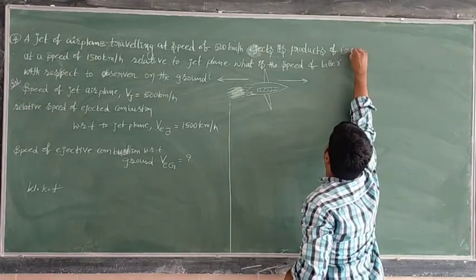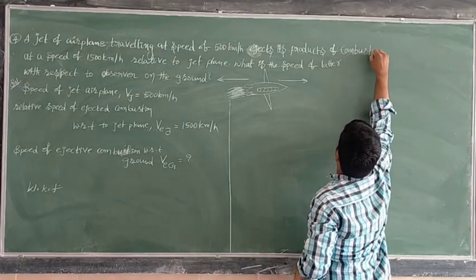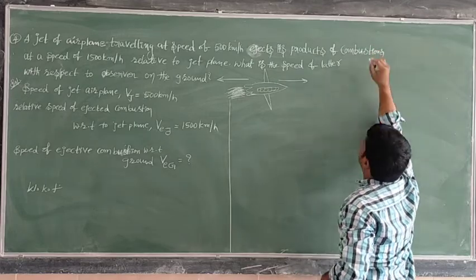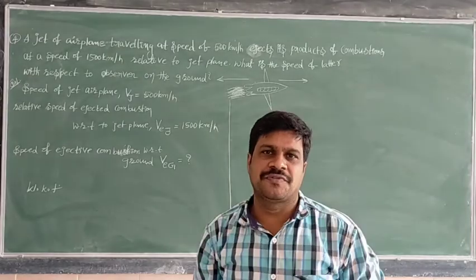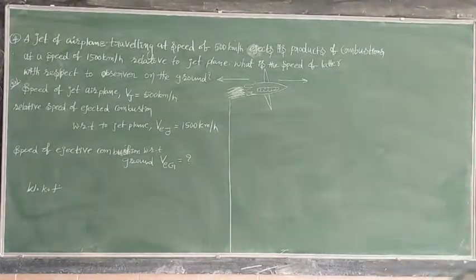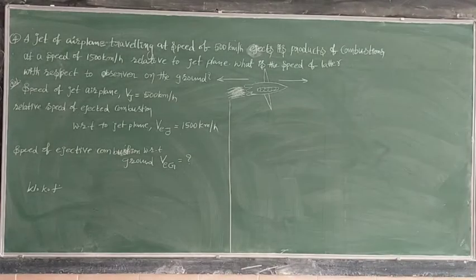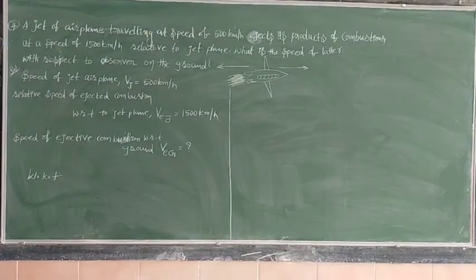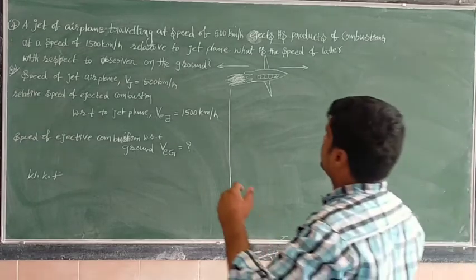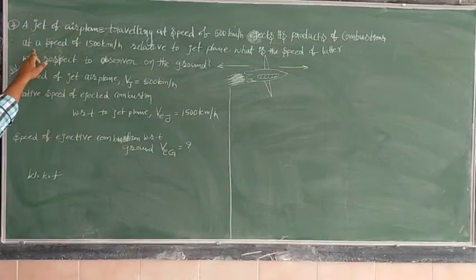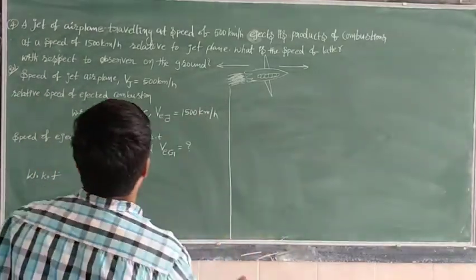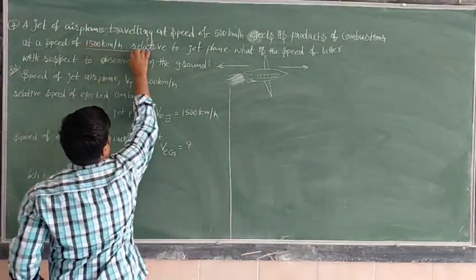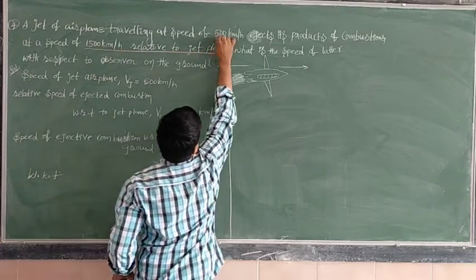Product of combustion means smoke, which is ejected by the aeroplane, at a speed of 1500 km per hour, of course relative to the jet aeroplane.